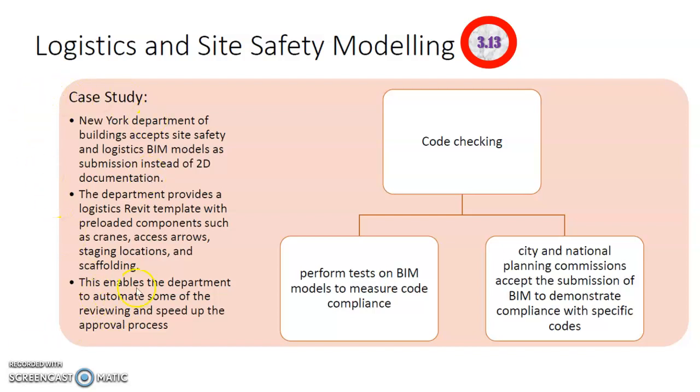As an example, the New York Department of Buildings accepts a site safety and logistics BIM model as a submission instead of 2D documentation. The department provides a logistics Revit template with preloaded components such as cranes, access arrows, staging locations, and scaffolding. That will enable the department to automate some of the reviewing and speed up the approval process.